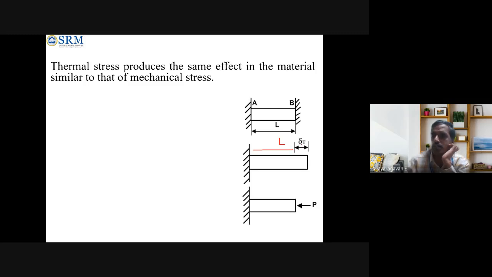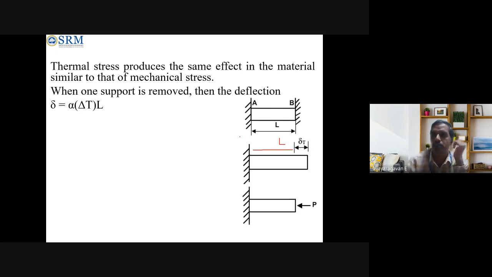If we remove the support, it is going to expand. If the support is there, it is not going to expand. So this expansion is given by alpha T into L, where T is the change in temperature.